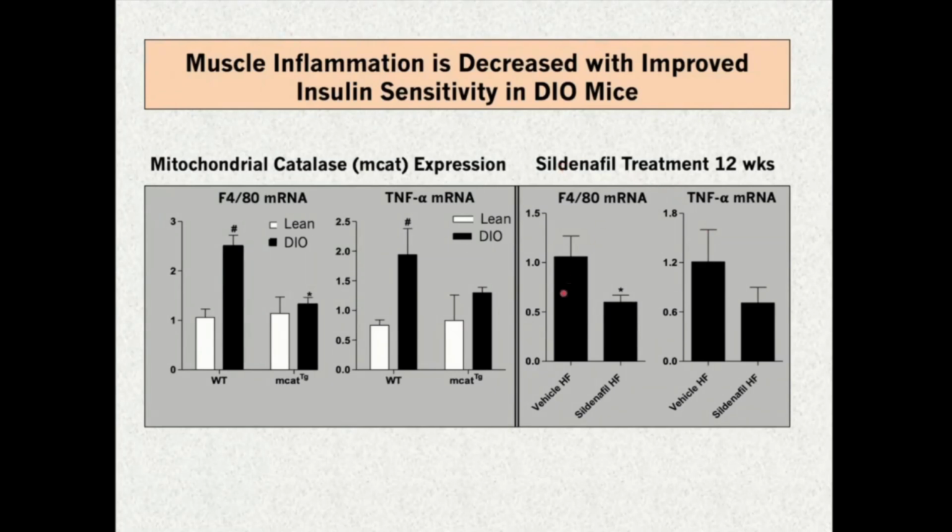Same with sildenafil. Now, both groups are dark, which means they were both on a high-fat diet. These were vehicle treated, and this is sildenafil treated. And these two had a decrease in inflammatory markers.